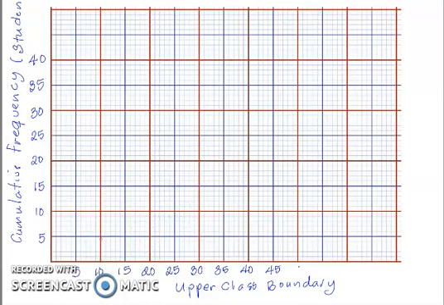Now, if I wanted to plot 10.5, 3, this is 10 here, and this would be 11. 10.5 would be in the middle between them. So this is 10.5, which corresponds to 1, 2, 3. This would be the point. Not so easy to plot.